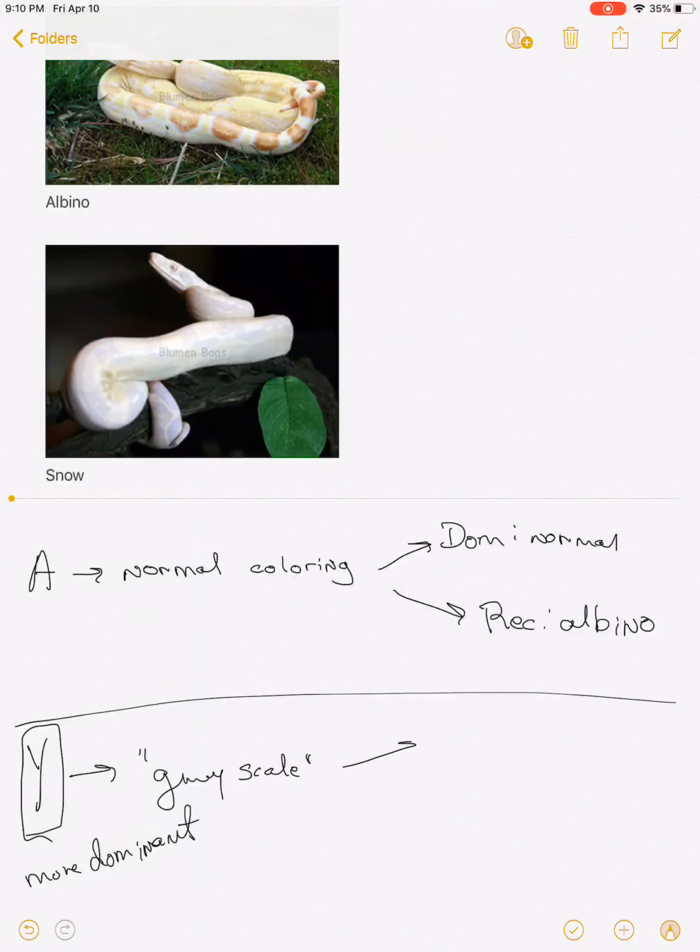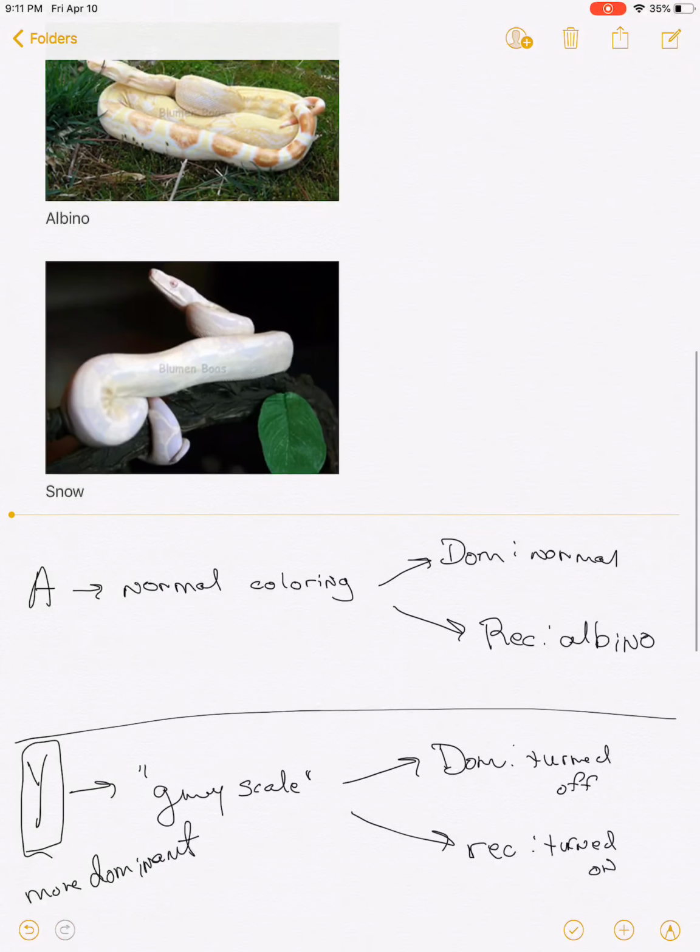So here you have the dominant Y allele essentially being nothing. So it's just turned off. And then your recessive here, you can consider it turned on. There's an R in that word, turned on.